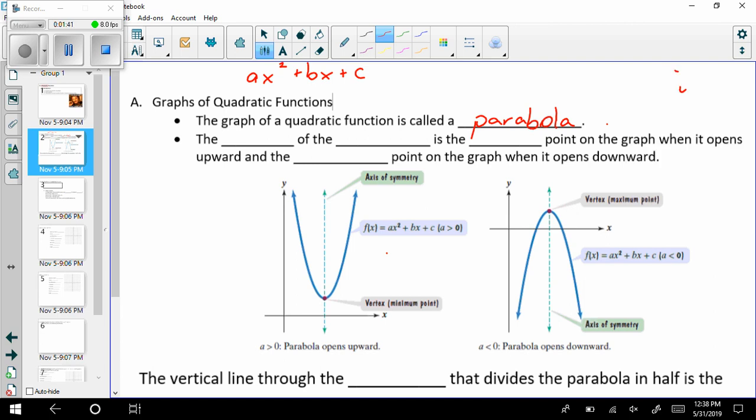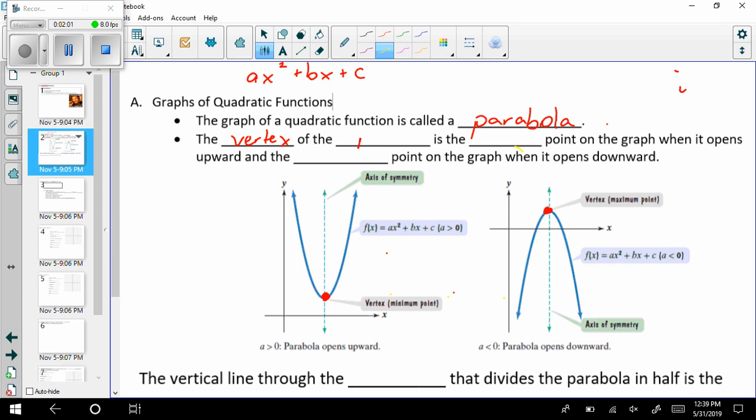that shape. And another important vocab word that we're going to be dealing with, when I look at these parabola shapes, the very bottom of it, or the very top of it, that point, is called the vertex.